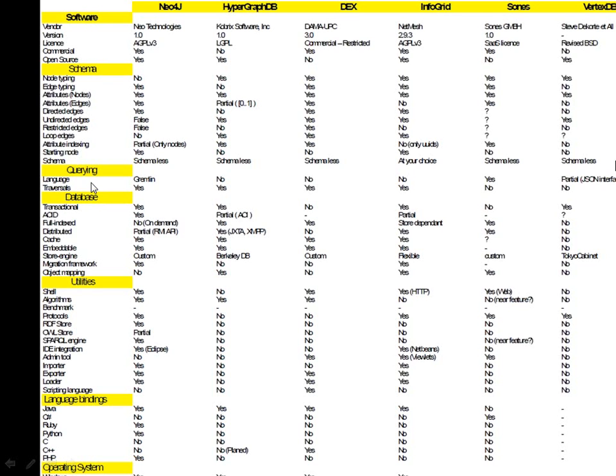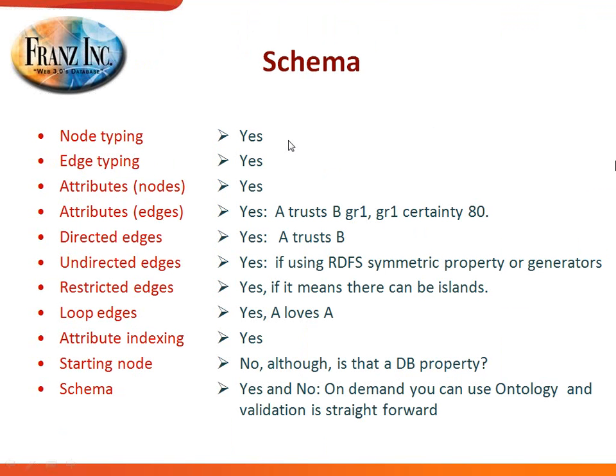So I said, okay, let's look at the software it's written in, utilities, the language bindings, etc., and let's see how AllegroGraph does on all these particular things. Notice that Neo4j probably has the most yeses in all these columns. So I went through this list and looked to see to what extent AllegroGraph would fit into this picture.